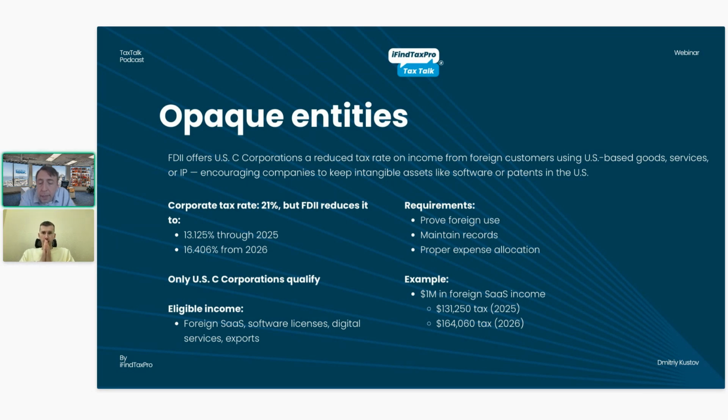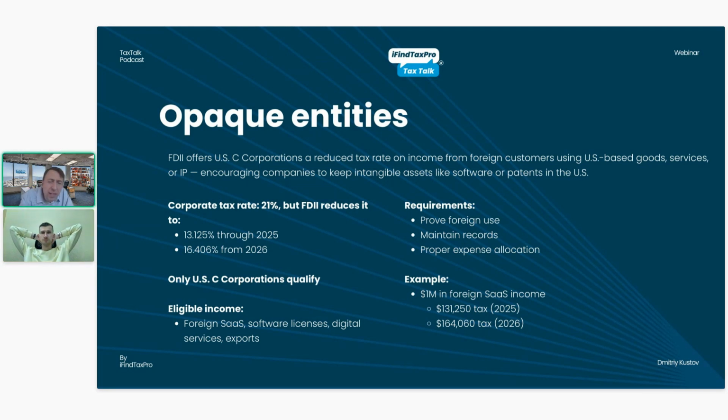And then eligible income. What you have to do is prove foreign use. So basically, you cannot sell something that is then going to be used in the US through some sort of arrangement, where one person sells there and the other person sells back.